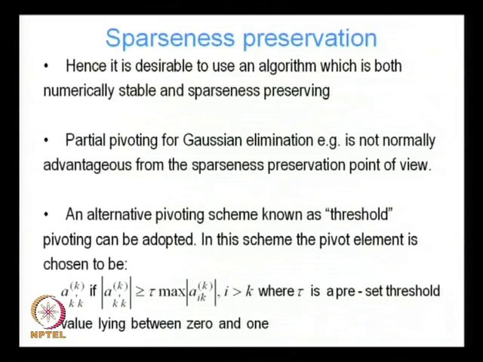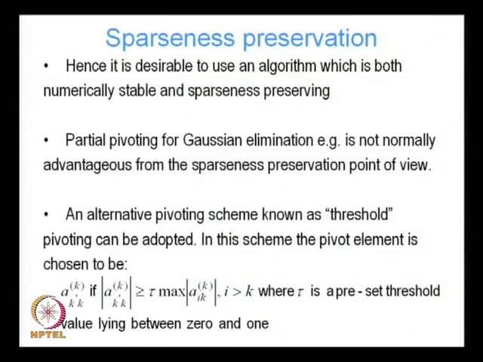Because we know that unless we do pivoting for non-positive definite matrices we can encounter numerical instability. So some amount of pivoting is absolutely essential, but we also want to achieve the competing goal, which is that we want to preserve sparseness. Not only do we want to ensure numerical stability, but we also want to preserve sparseness.